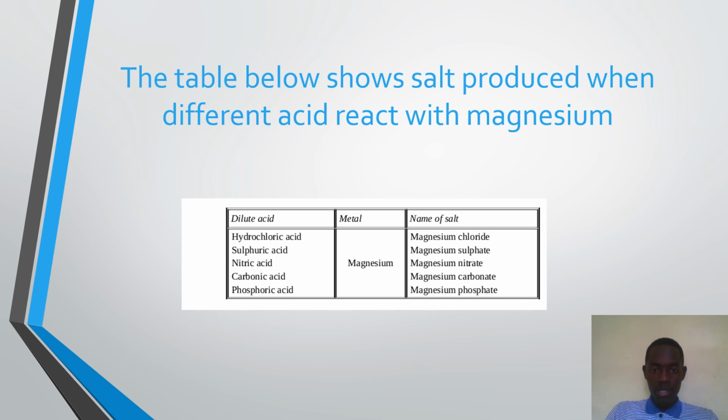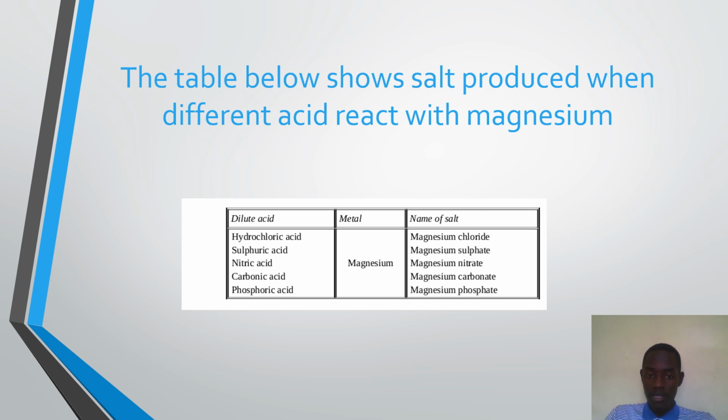For example, if hydrochloric acid is used, then the type of salt formed is a chloride salt, and that is why if we add hydrochloric acid to magnesium, we form magnesium chloride.